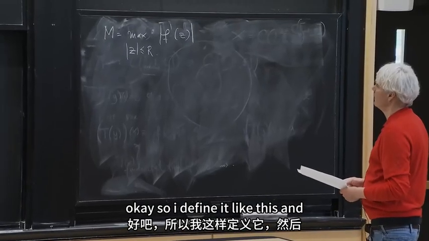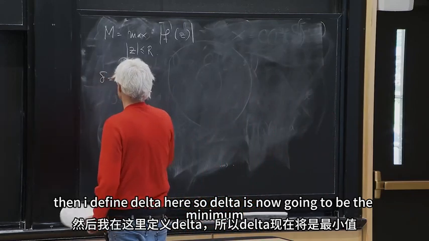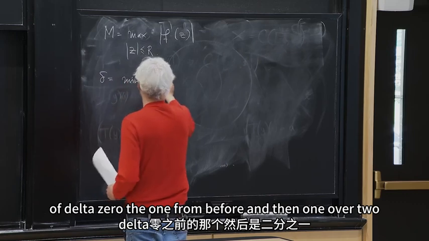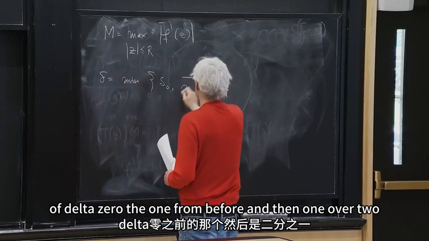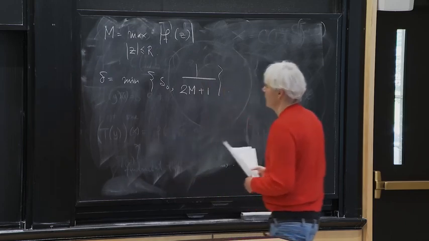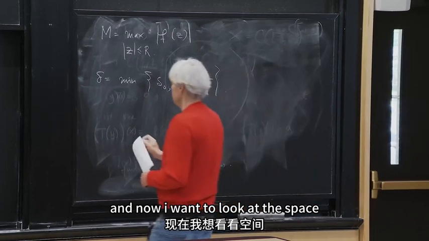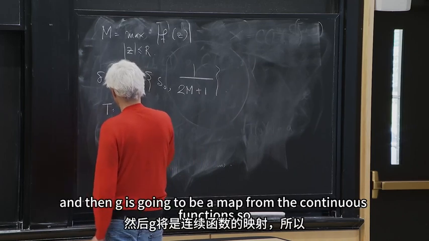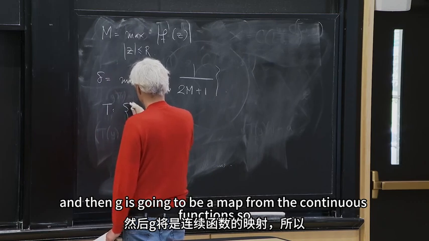Okay, so I define delta here. So delta is now going to be the minimum of delta 0, the one from before, and then 1 over 2m plus 1. And now I want to look at the space. So I want to look at T, and then T is going to be a map from the continuous functions.